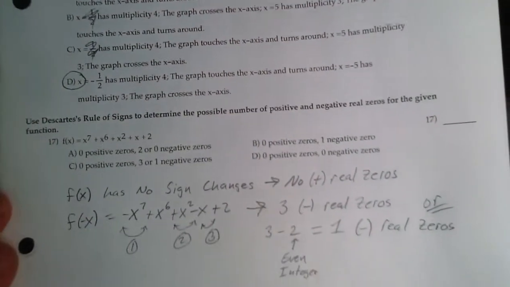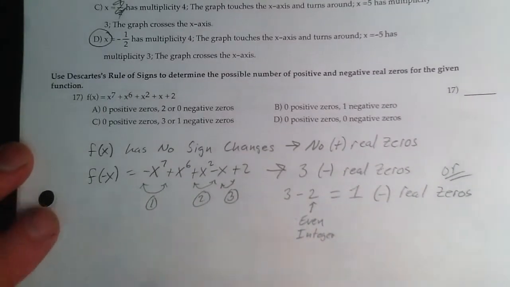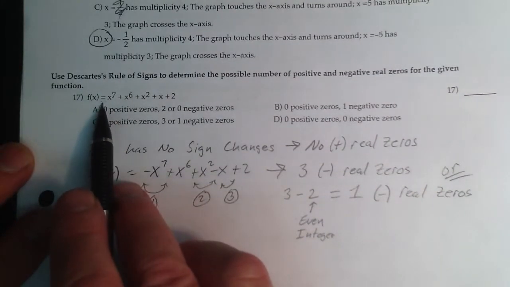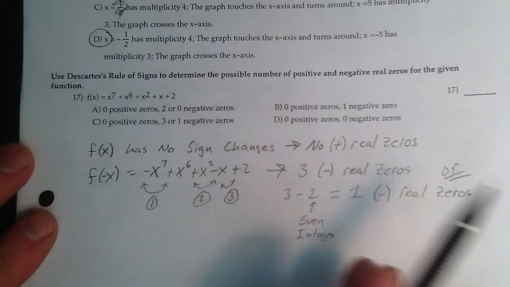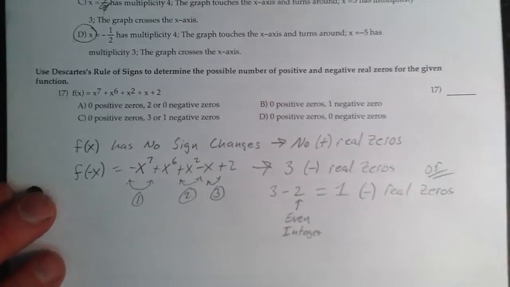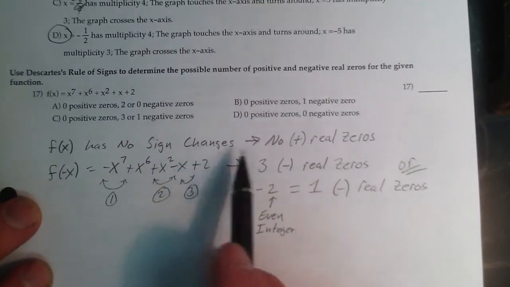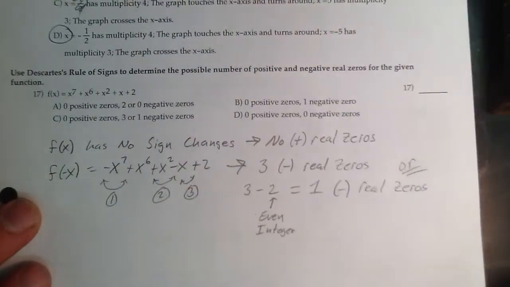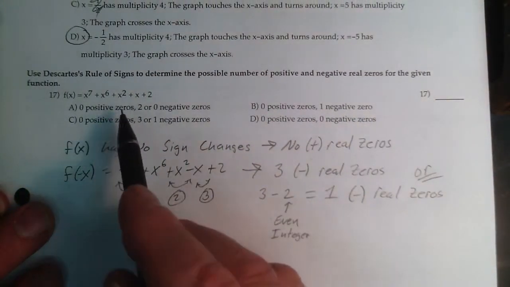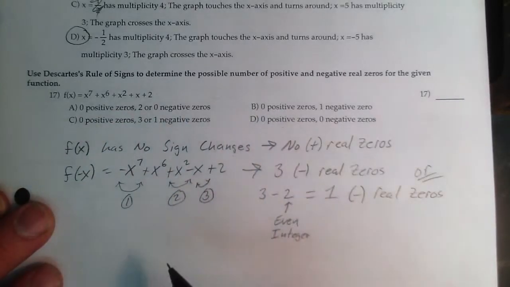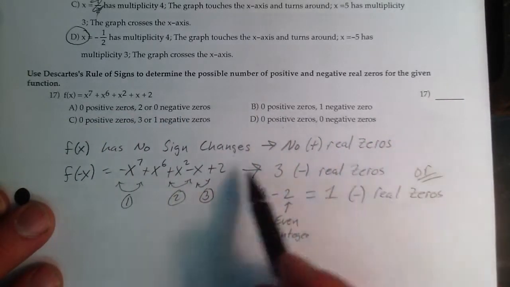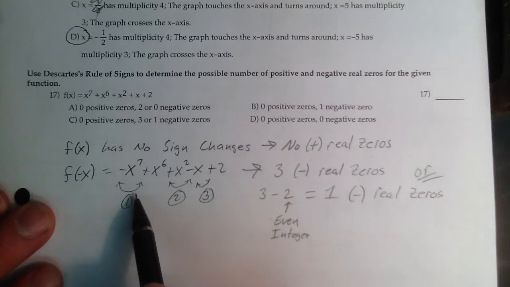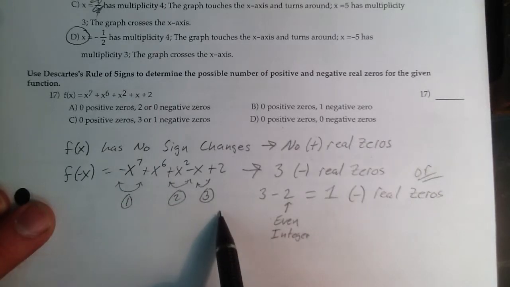Okay, last one, Descartes' rule of signs. All right, so here's my function. There are no sign changes in that function. So if I have no sign changes, I have no positive real zeros. That does not help me scratch off any choices. These all say no positive zeros. Okay, bummer. So I plug in -x, and I see I have 3 sign changes.